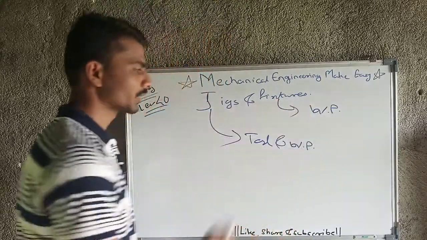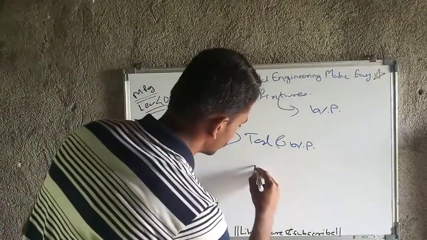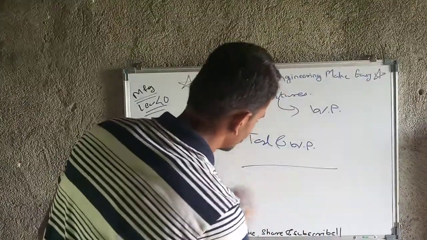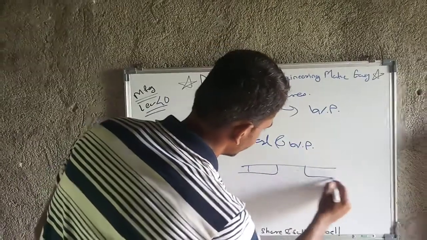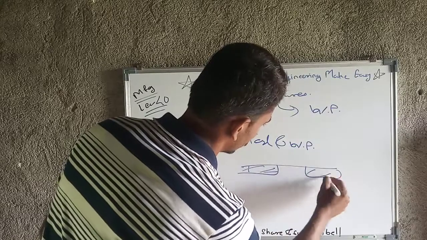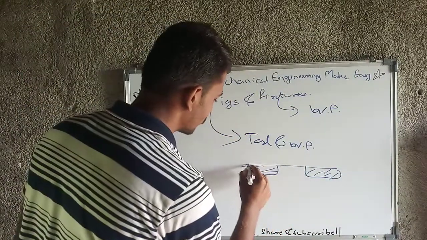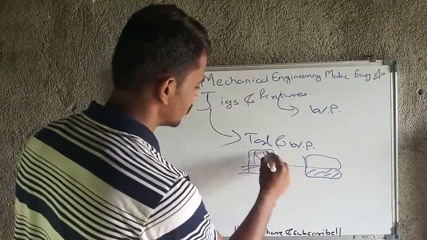Means, for example, if a punching operation is happening, this is the sheet, and at the bottom there will be the fixture, and on the upper side there will be the jig.